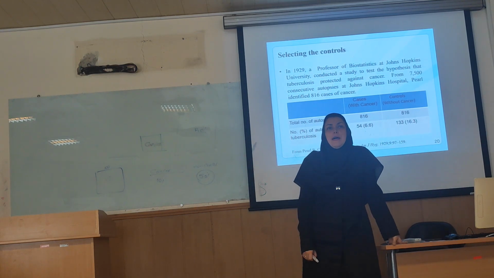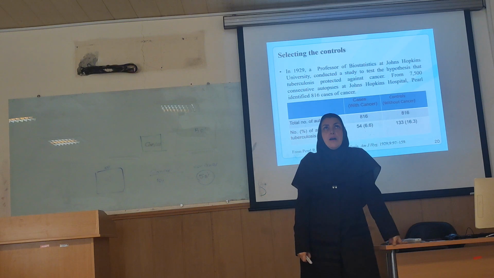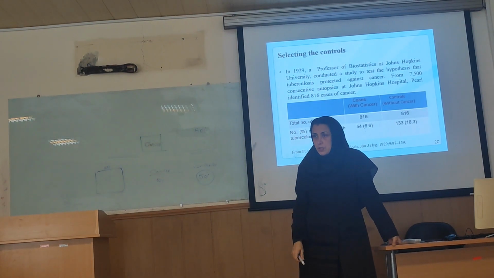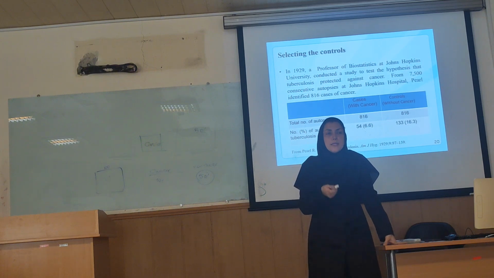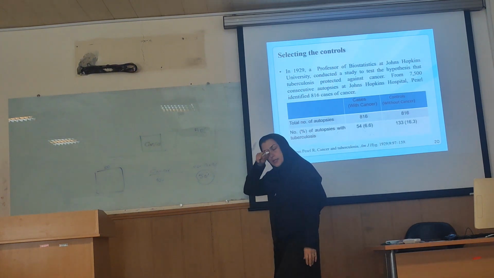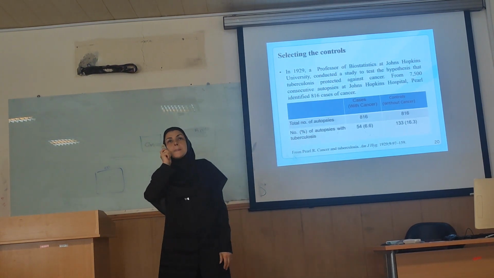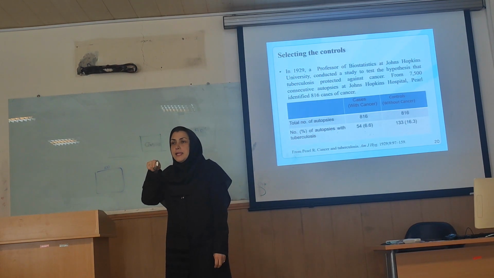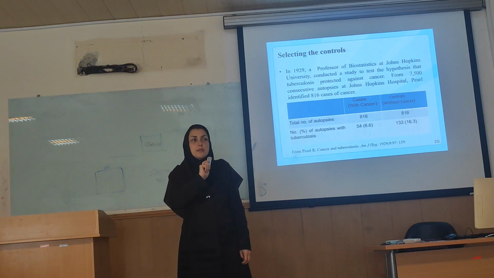Please think about a hypothesis that I have. Please guide me to select good cases and good controls. I want to test a hypothesis regarding the association between coffee consumption and cardiovascular disease.